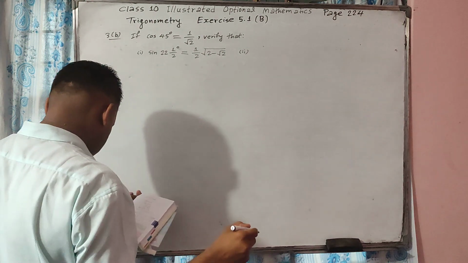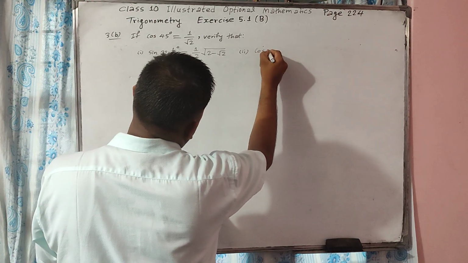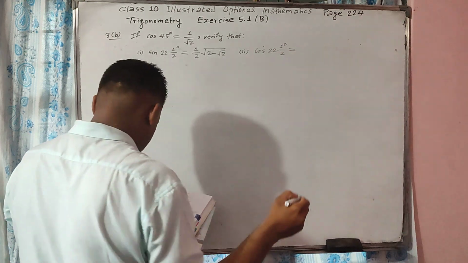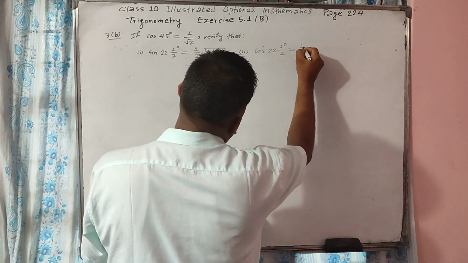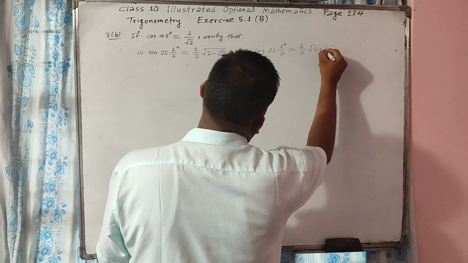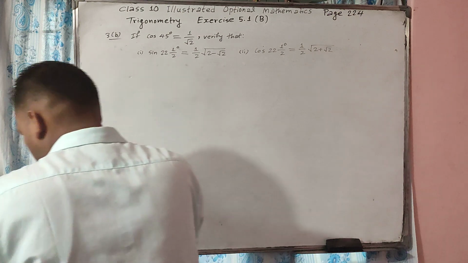Number 2, cos 22 and a half degree equal to 1 by 2 square root of 2 plus root 2.